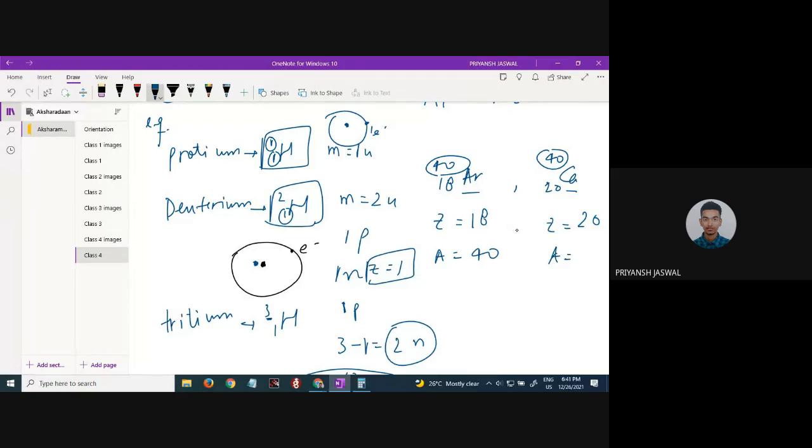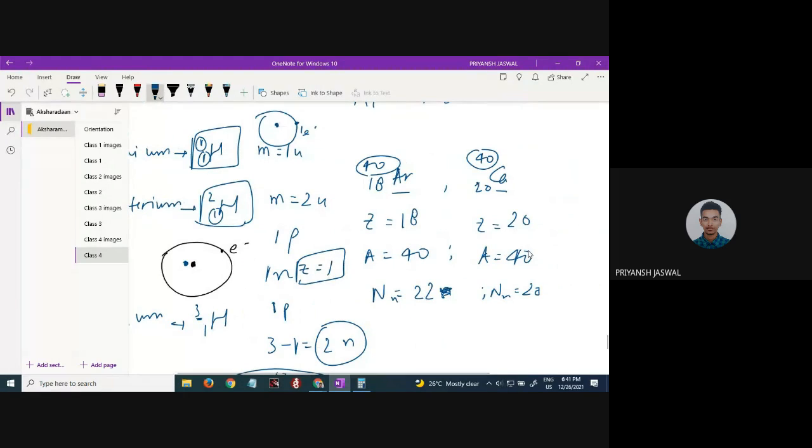Such species are called isobars. It is due to the number of neutrons. This one has 22 neutrons and this one has 20 neutrons. So they both end up having same mass number.